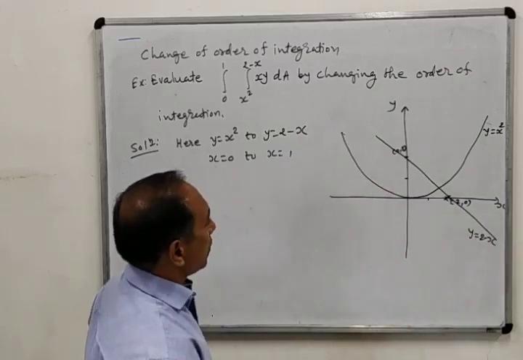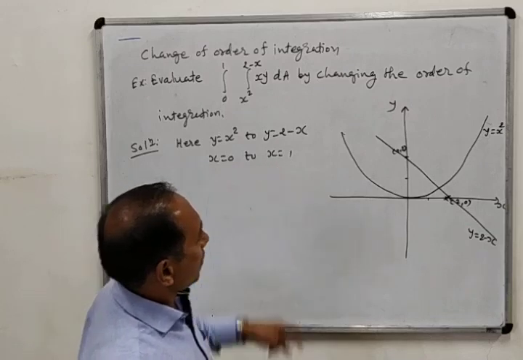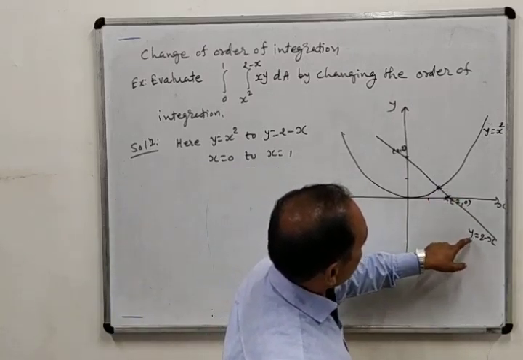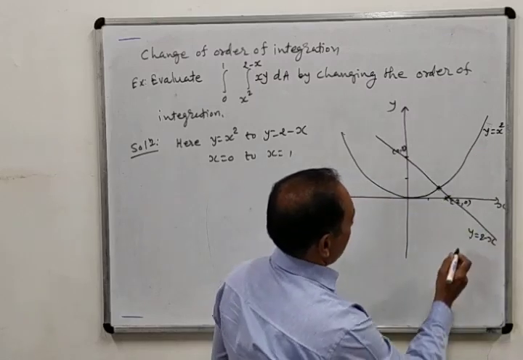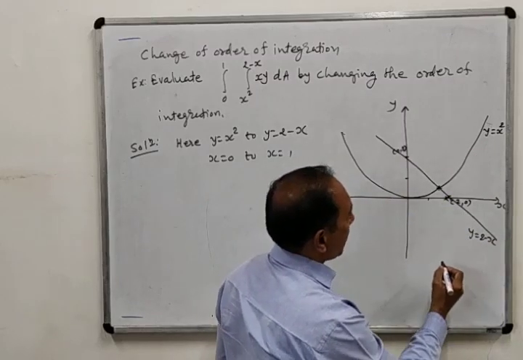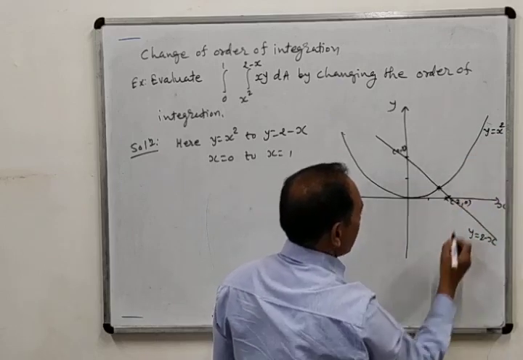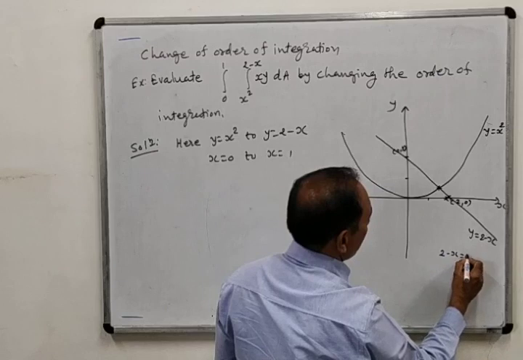Before drawing these two, we will find their intersection point. This is the intersection of y equal to 2 minus x and y equal to x square. On rough paper we can find the point. If we put y equal to 2 minus x, then 2 minus x equals x square.